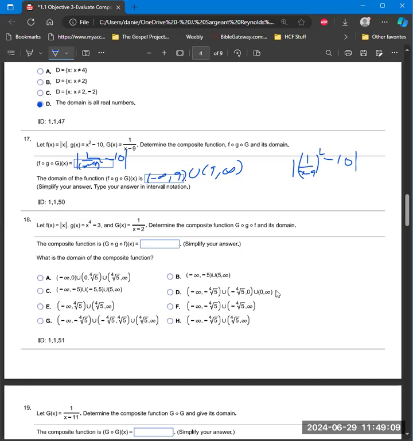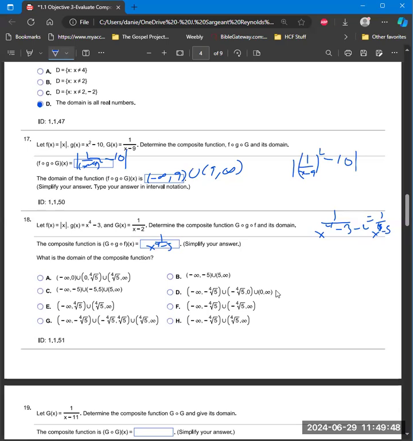So plug f into G. We get the absolute value of x to the 4th, which is the same thing as x to the 4th, so I don't need absolute value bars there really. x to the 4th minus 3 gets plugged into capital G. 1 over x to the 4th minus 3 minus 2 is 1 over x to the 4th minus 5.